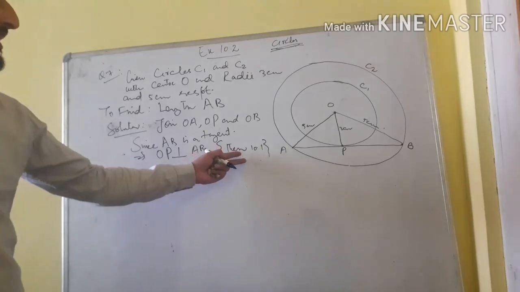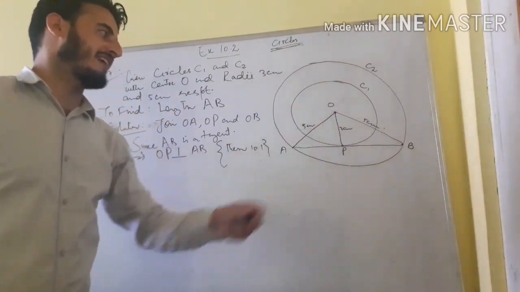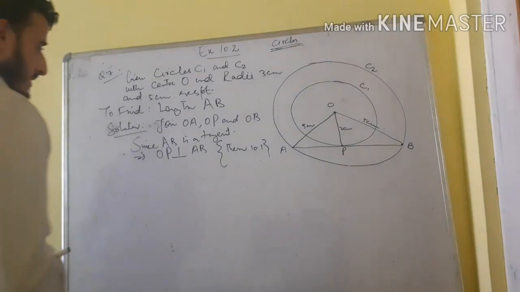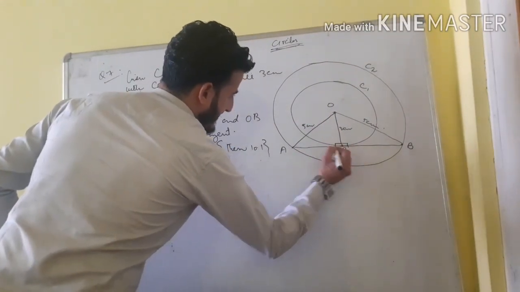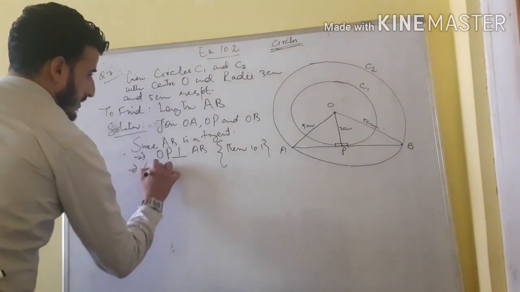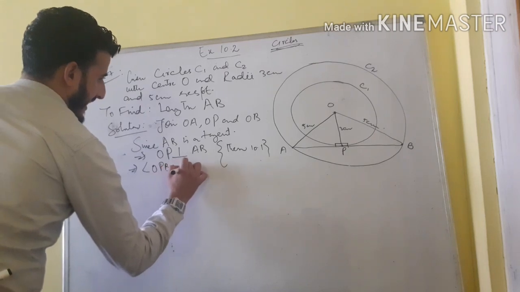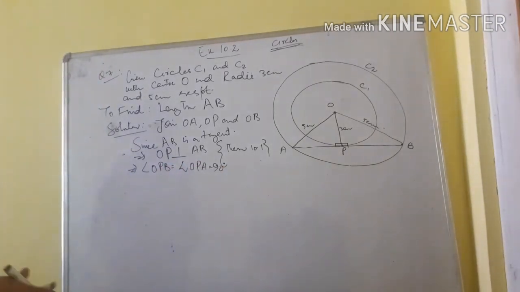It is the same statement that the tangent is always perpendicular to the radius through the point of contact. So if OP is perpendicular, this angle is 90 degrees, and this angle is 90 degrees. Implies angle OPB is equal to angle OPA is equal to 90 degrees. Both the angles are 90 degrees.